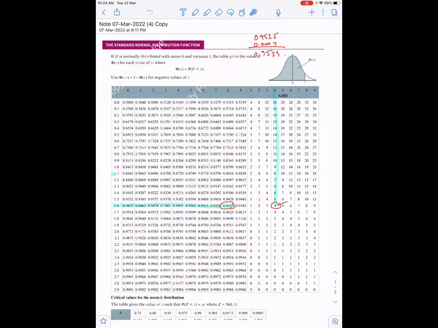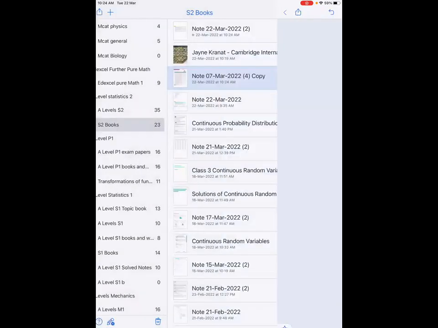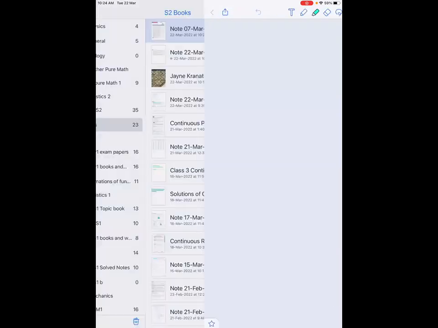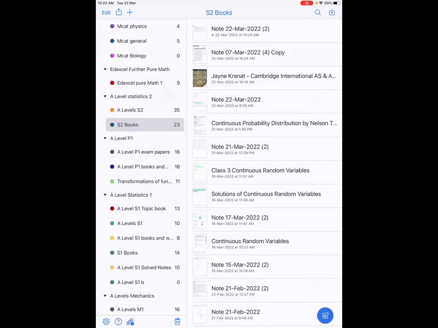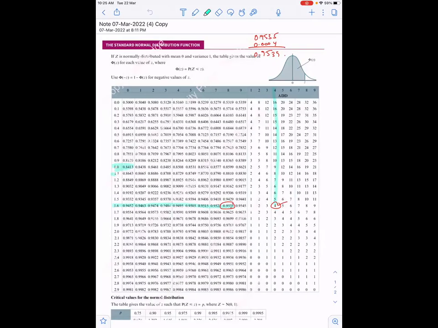Phi of 1 is 0.8413. And phi of 2.5, you have to look into the table. Phi of 2.5 is 0.9938.